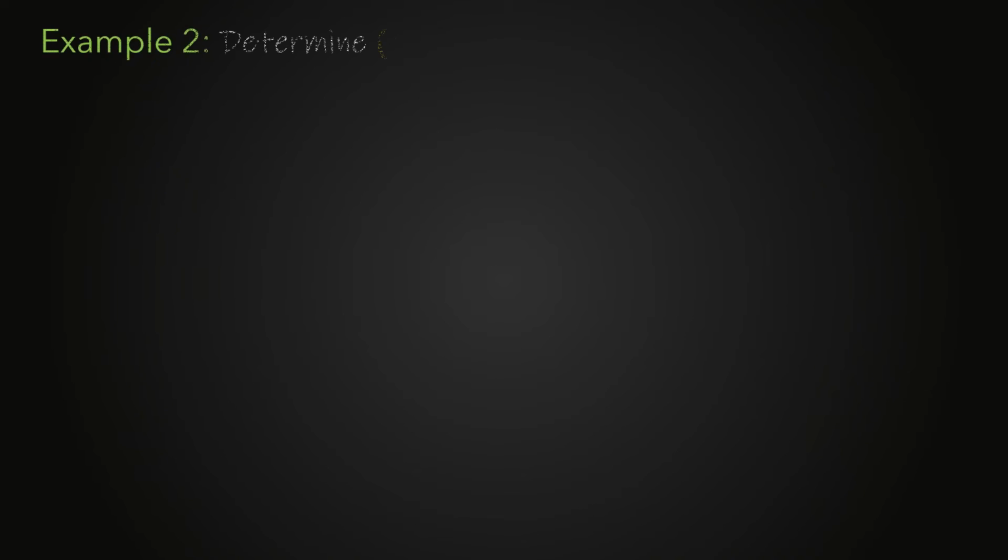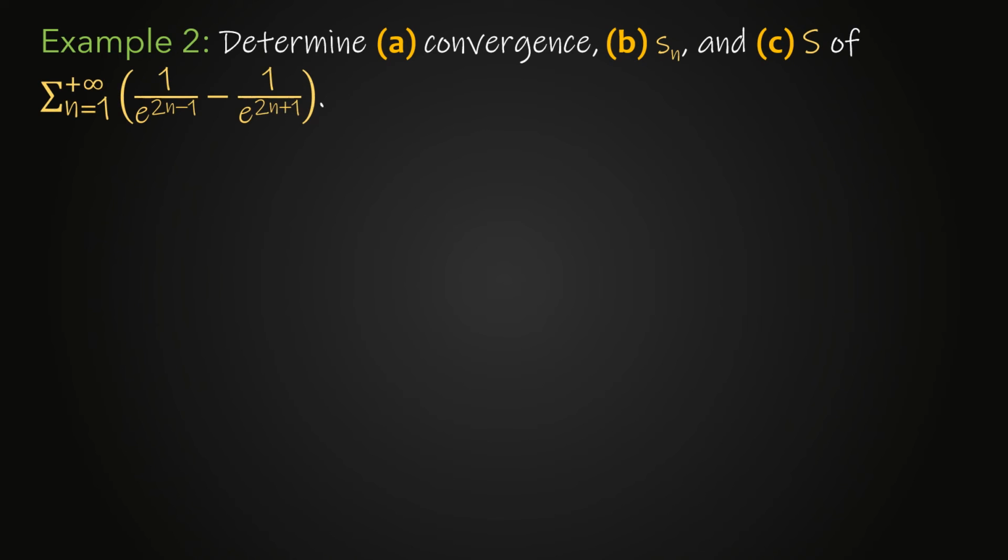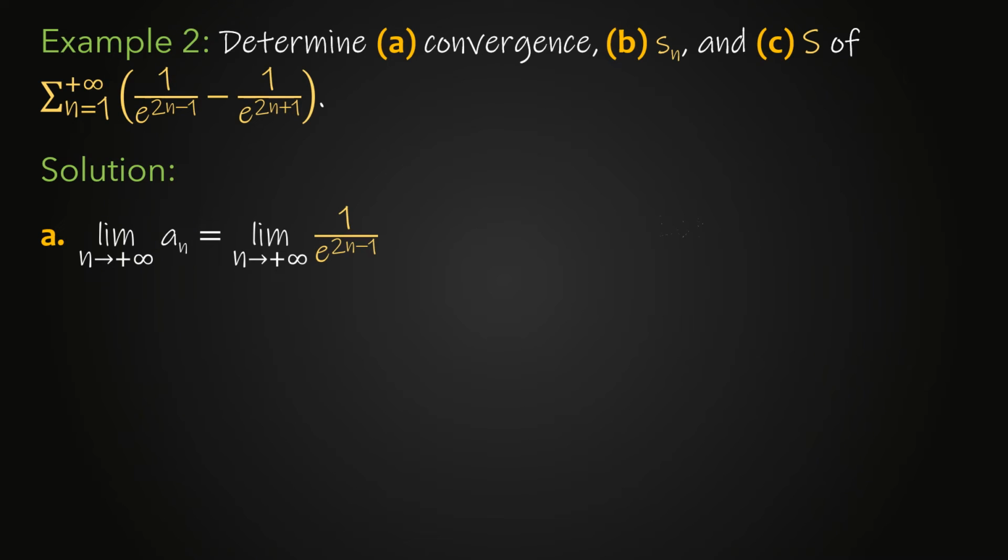Example 2. Determine the convergence, the nth partial sum, and the sum of the series. Solution. A. Take the limit of the terms of the series. Let m equals 2n-1.